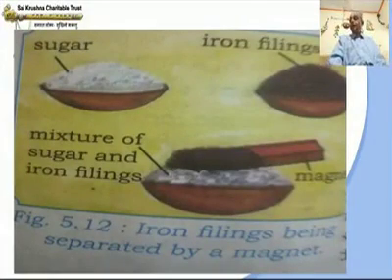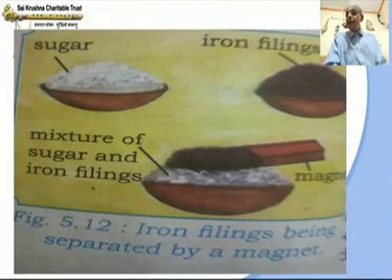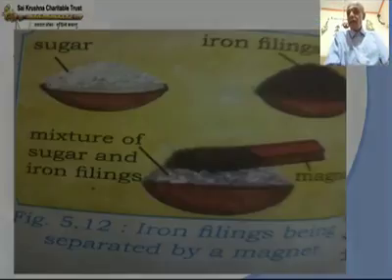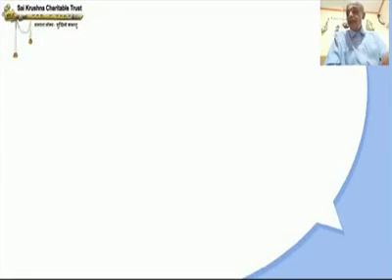Here is the picture about which I explained to you. In a china dish, you just see there is sugar here and then iron filings in the other one, isn't it? Then you have seen that.